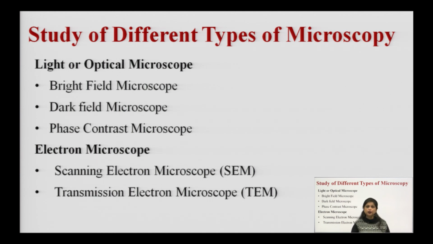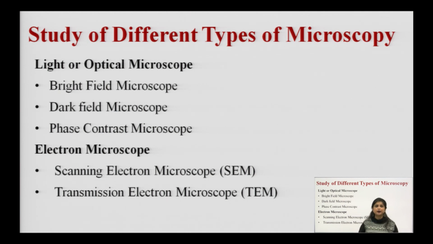If we don't have microscopes, we won't be able to see the microorganisms, and we won't be able to differentiate between bacteria, fungi or viruses. For that we actually need microscopes, and that is why this topic has been put under this course of pharmaceutical microbiology. We need to study a few of the microscopes.